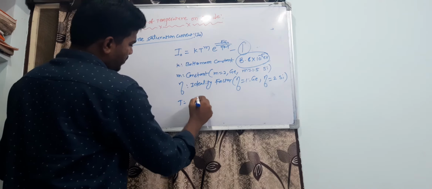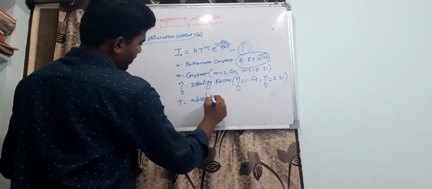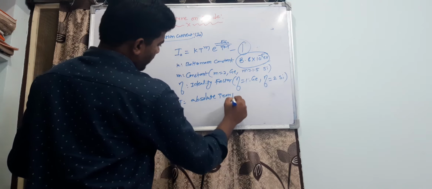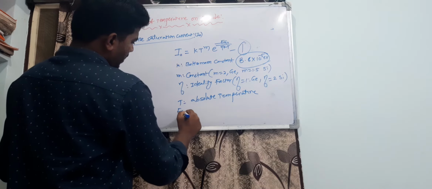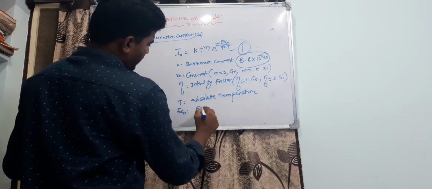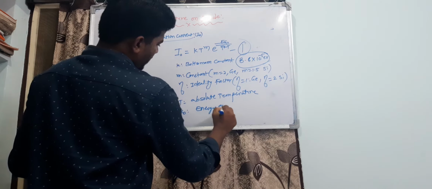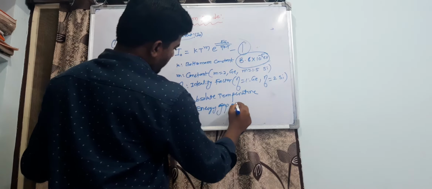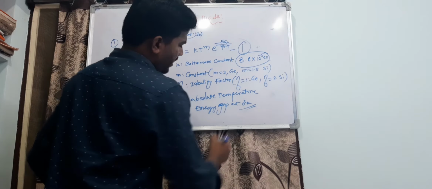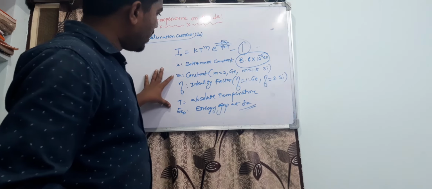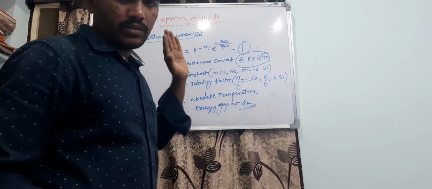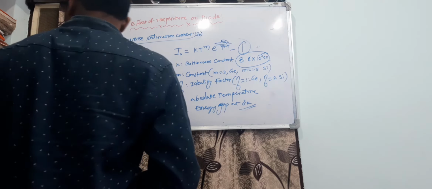T is the absolute temperature, and Eg0 is the energy gap at 0 degrees Kelvin. By substituting all these values and deriving this equation, we will see what we get.